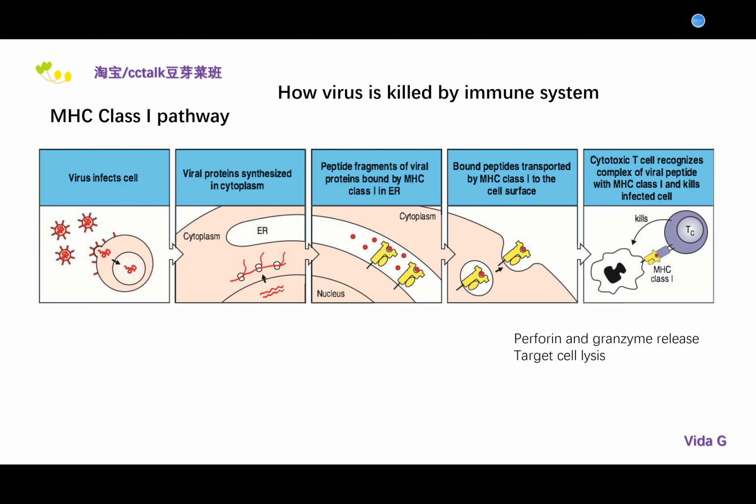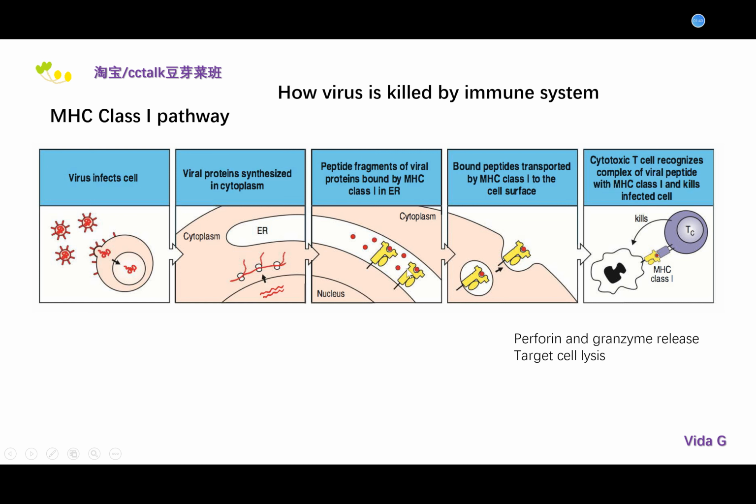A virus infects the cell and then uses the infected cell's organelles to self-replicate, which will produce virus protein. And the virus proteins are bound by MHC class 1 molecules in the ER.